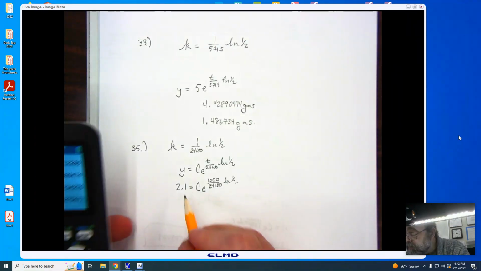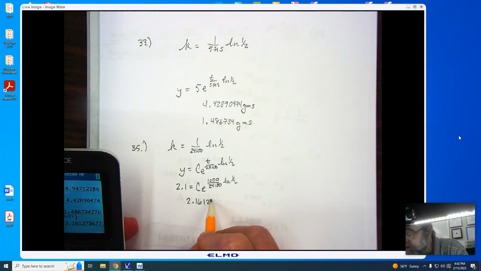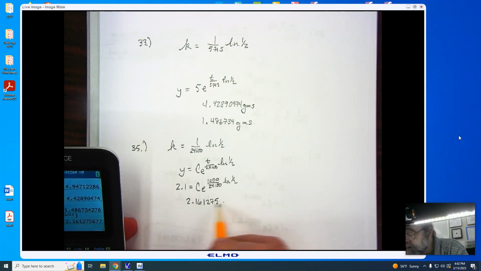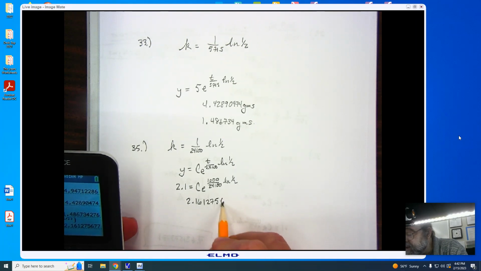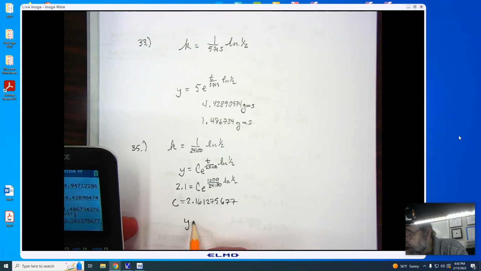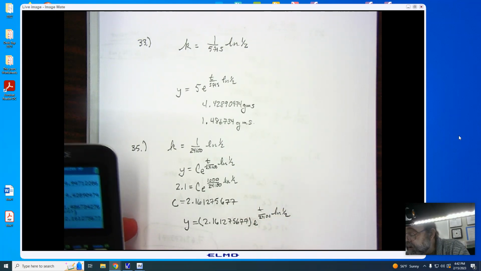And I'm getting approximately 2.161275, 75677 is the constant. So y has to equal 2.161275677 e to the t divided by 24100 natural log of 1/2.